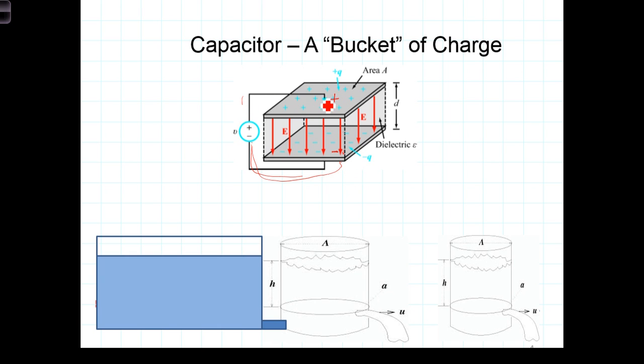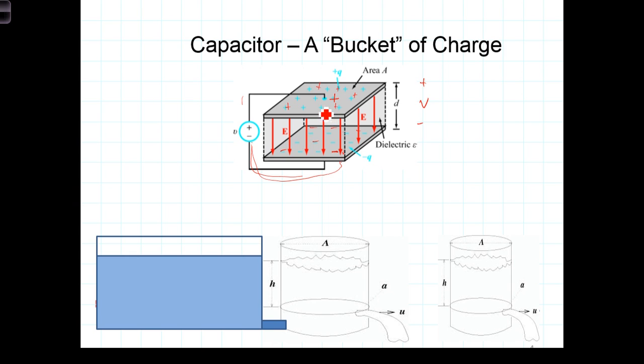As additional charges flow, we build up additional charge on the capacitor, and the voltage across the capacitor continues to grow. And it will continue to grow until the voltage on the capacitor is equal to the strength of the voltage source. At that point we say that the capacitor is charged, or that the capacitor is full.